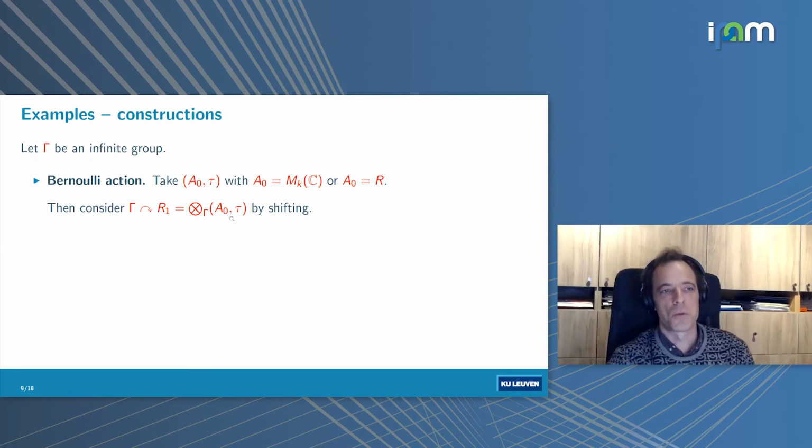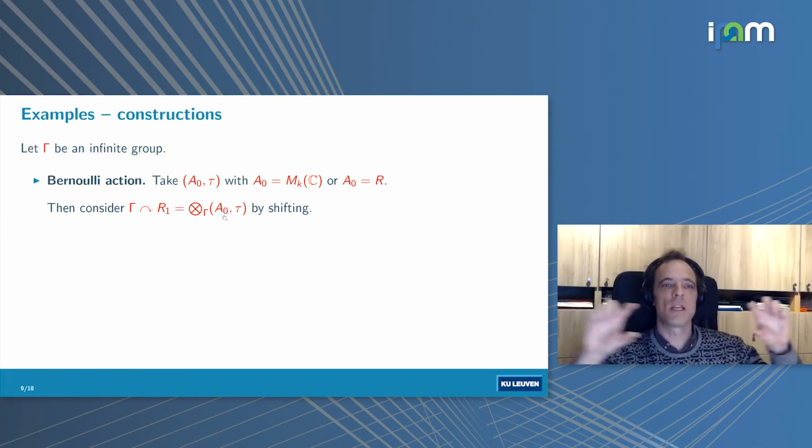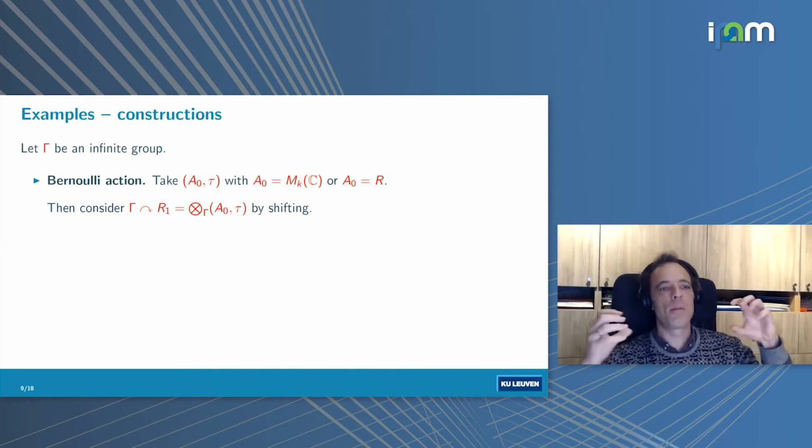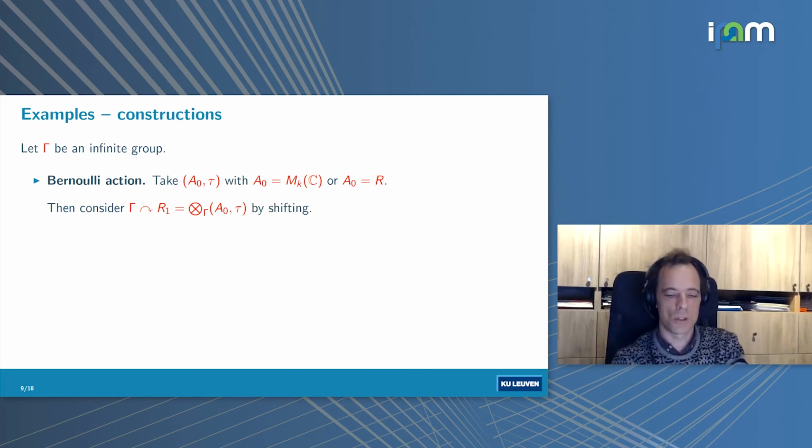We can do it also with k by k matrices or with R itself. And we can, of course, index the infinite tensor product with the countable group gamma. I mean, that's just coloring the tensor factors. With that difference that now gamma will act by just left shifting the tensor factors. So that's what is called the non-commutative Bernoulli action.